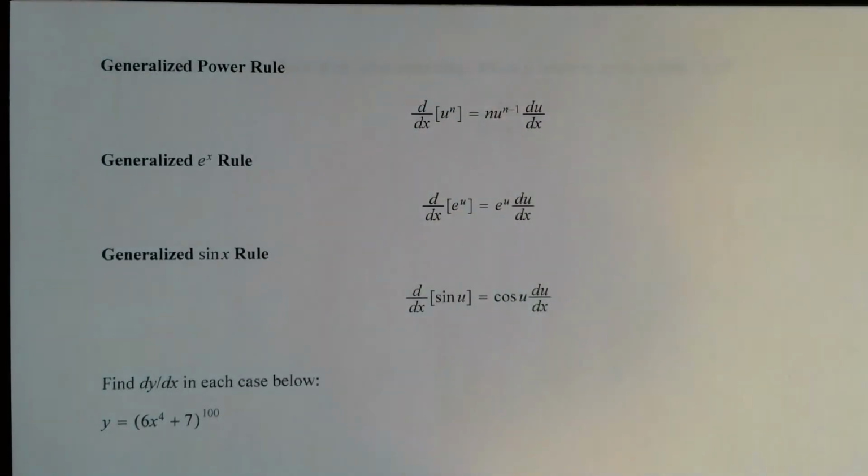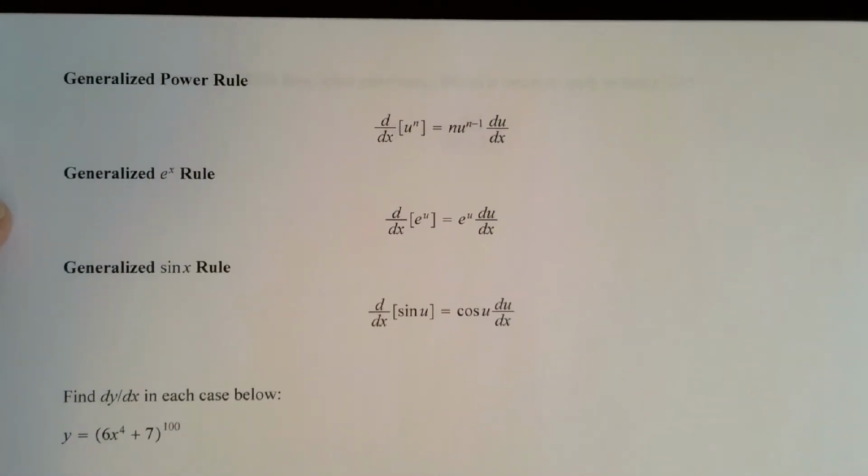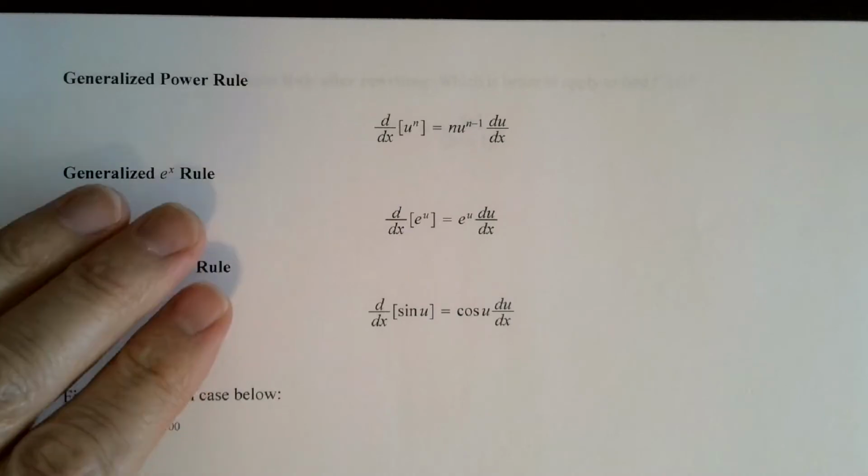Okay, so we introduced the idea of the chain rule, and we want to continue with that. Sometimes when we apply the chain rule to the derivative of certain functions, they are referred to as the generalized rules.